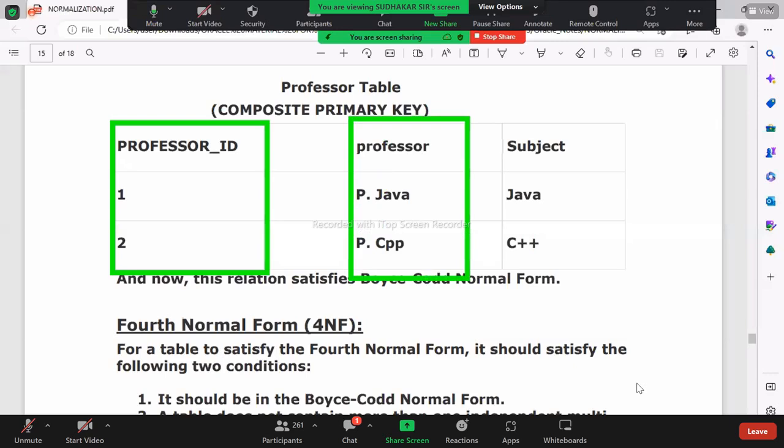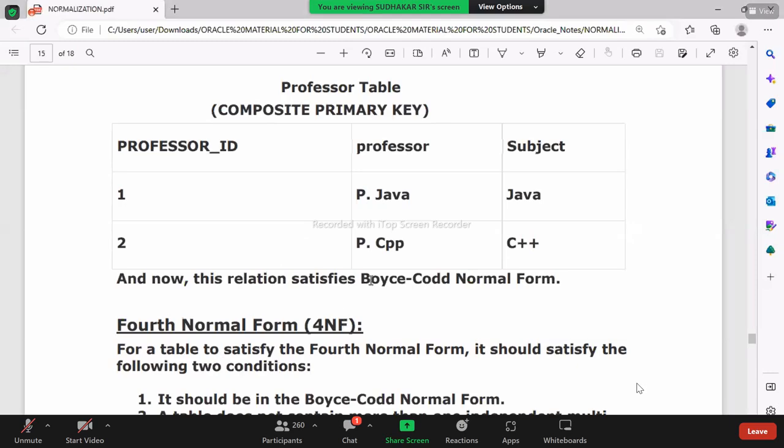If you insert C++ again, then this is not a candidate key. If I insert 2 again, is it a candidate key? No. If I insert C++ again, is it a candidate key? No, because these are duplicates. 2 already exists and C++ already exists, but you are inserting and it is accepting. That means these are not candidate keys and not super keys. So this is Boyce-Codd normal form.